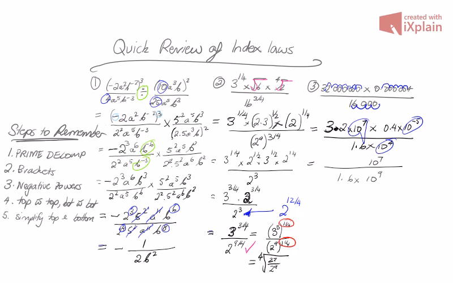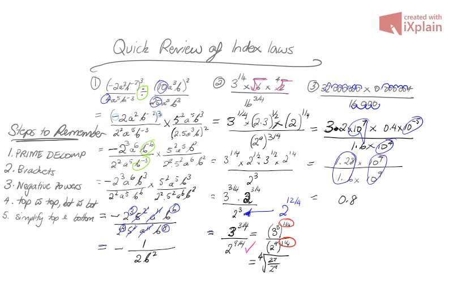So 3.2 times 0.4 is 1.28. Now we just deal with the numbers again. So 1.28 divided by 1.6 is 0.8, and that number goes on the top.